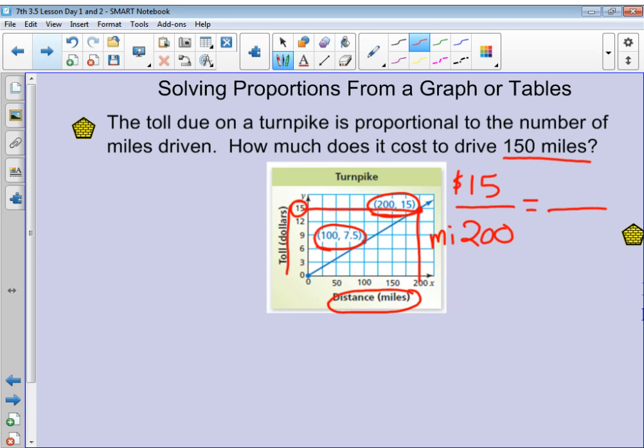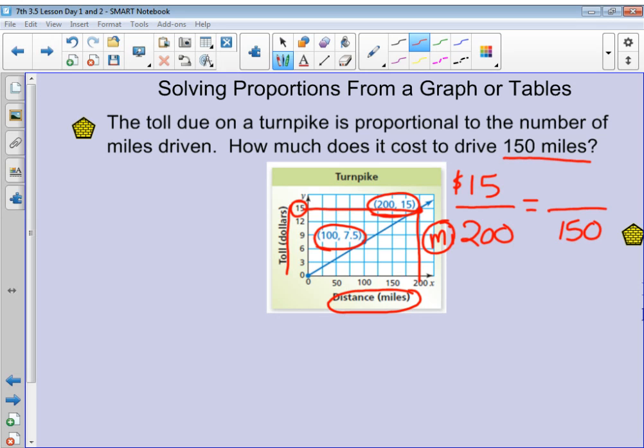So when I set up my proportion, I'm going to go ahead and set up so that I have the same units on the same level. So my 150 miles needs to be on the bottom where I have miles of my first one, so 150. So now I'm going to go ahead and pull my calculator back out, and we're going to do 150, my cross multiply divide, times 15, and then I'm going to divide that by 200.